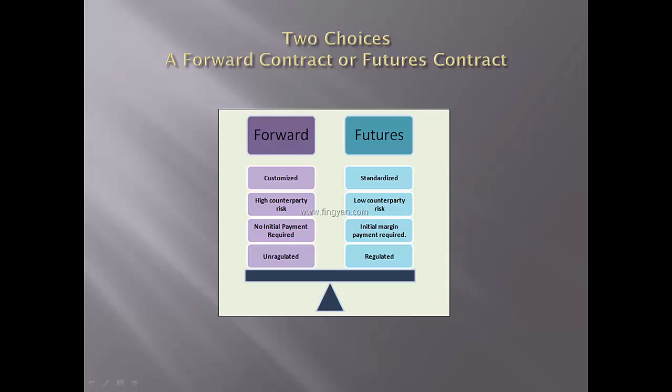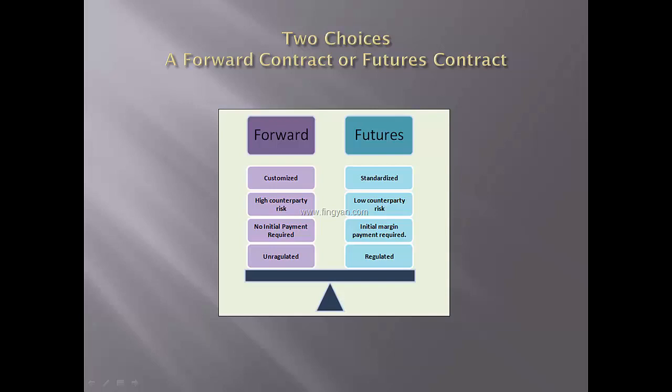That clearinghouse matches off a buyer and a seller. So this eliminates or basically reduces the counterparty risk associated with dealing in a fixed price commodity, or those looking to hedge up a price from the buy or the sell side.